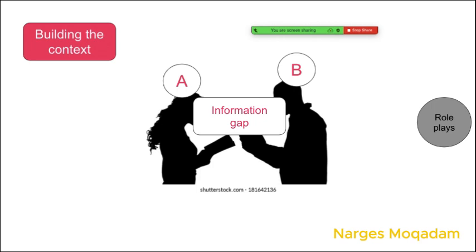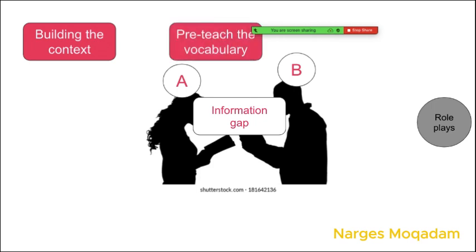When the context is built, the language to be used may also have been pre-taught in some way, so we pre-teach the vocabulary, and we should think about what the students will need to say in the role play. So we make notes of any specific grammar they will need to actually fulfill their roles, and we will teach them through some tasks.